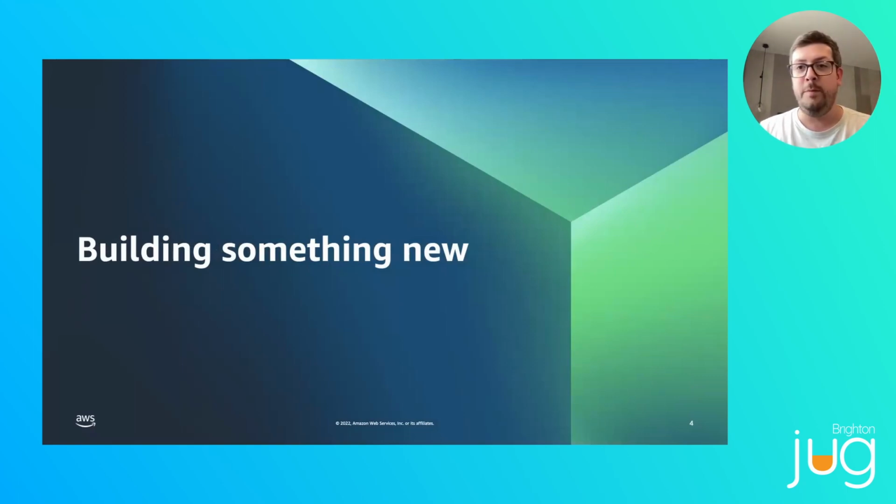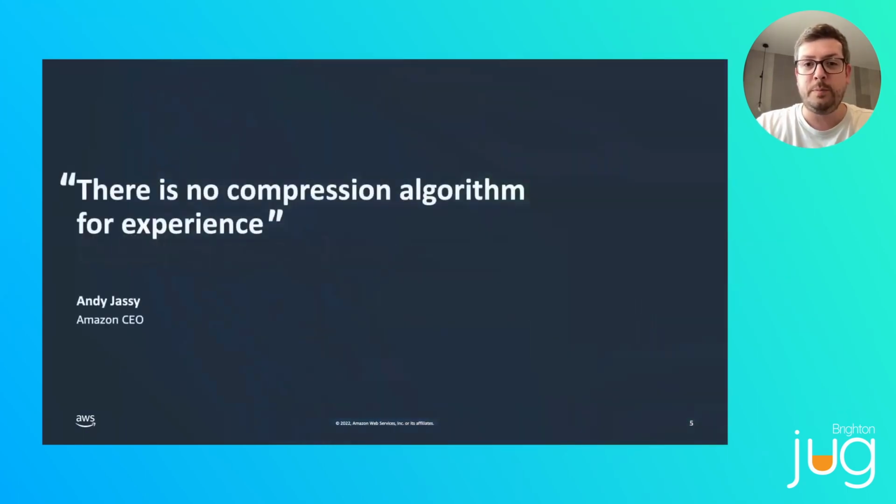Either it's the camp of people who are wanting to migrate existing applications to AWS, or a company wants to try something new and is doing a proof of concept, trying something completely new and a new way of working, and they want to understand how they would do that on AWS and how they would use familiar technologies or new technologies to accomplish their business goals. Okay, so this talk today is about the starting from scratch side and what is exciting about that way of working and what benefits it can bring to you.